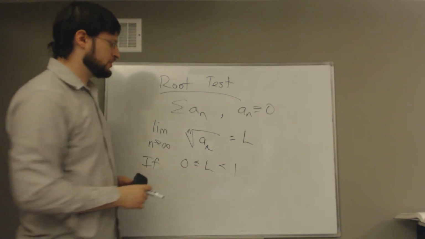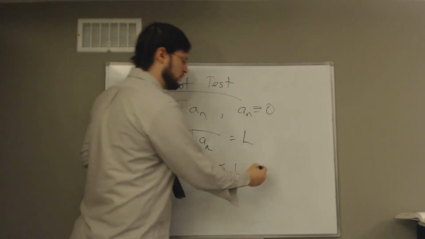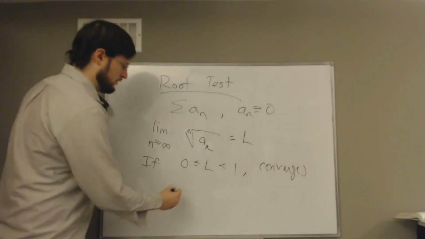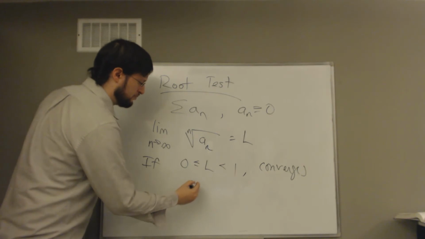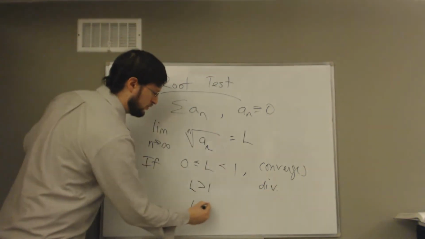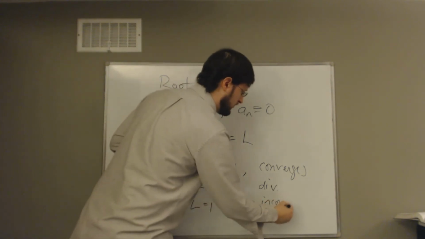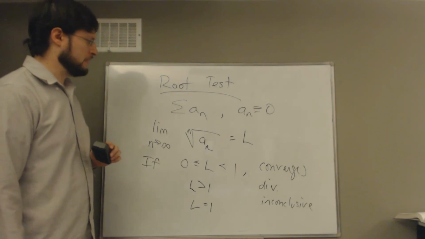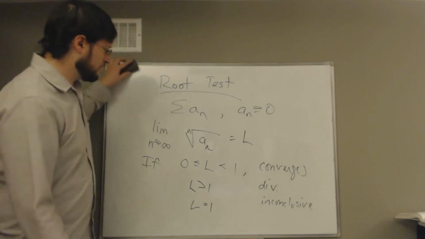So if L is between 0 and 1, but not including 1, it converges. If L is bigger than 1, it diverges. And if L equals 1, it's inconclusive. Okay, so let's look at a few.